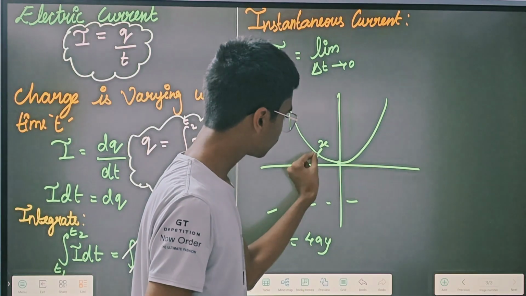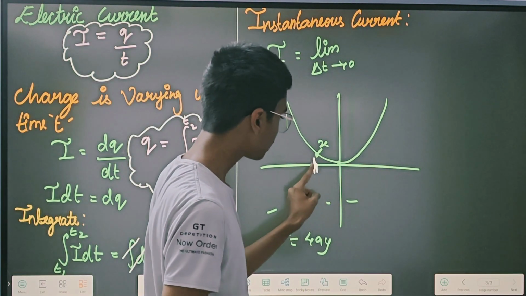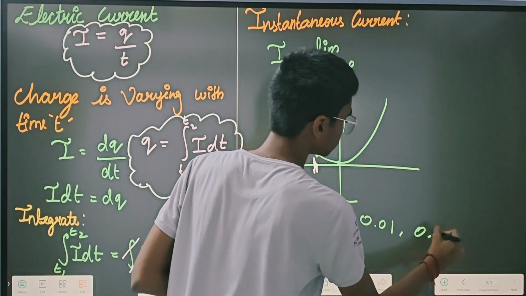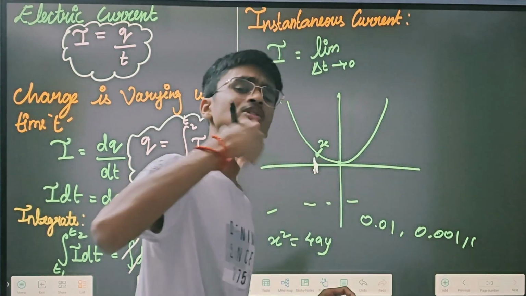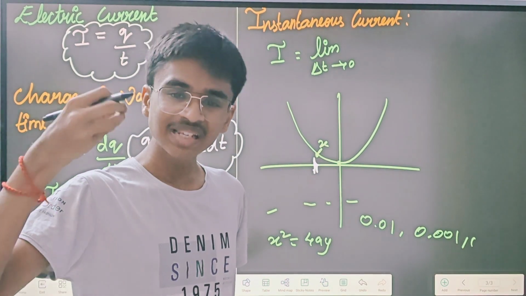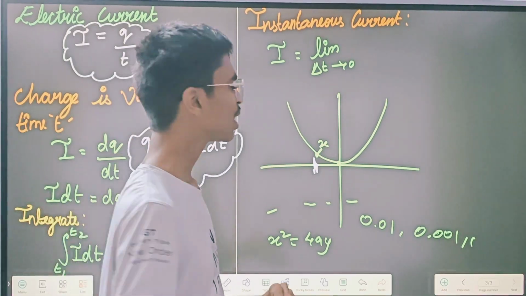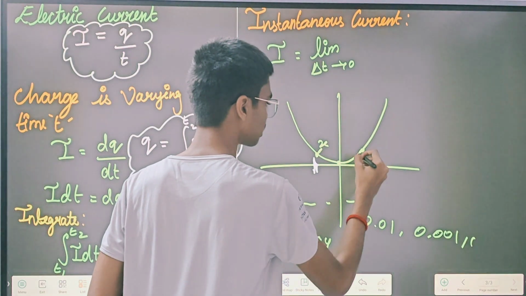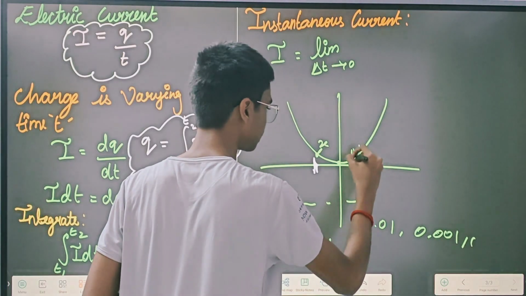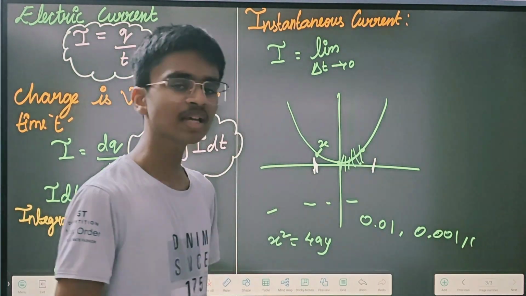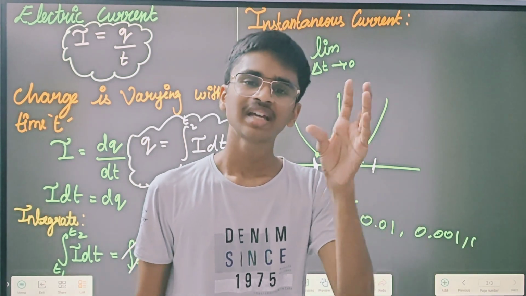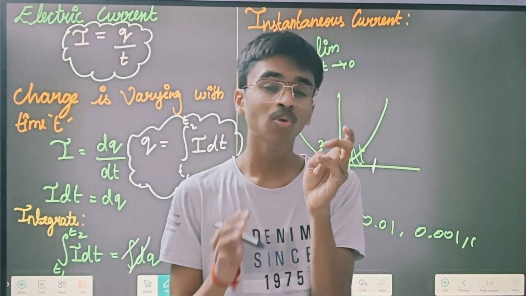If you start putting values from here, it is giving you 0.01, then 0.001, then 0.0001. That means it is literally 0. Here also, you have started to give values, so it is coming here, then just going here. At last, it is also 0.00001, like that. It is giving you literally a value of 0.